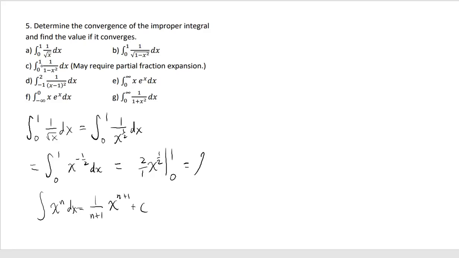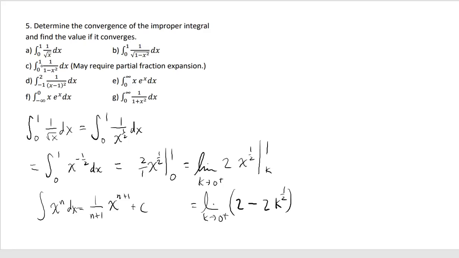So you should really think of this as the limit of k going to 0 plus of 2 times x to the 1/2, from k to 1. And that means when you plug in 1, it's 2 times 1. And when you plug in k, it's 2 times k to the 1/2 power, where k is sent to 0 plus. That's the proper way to do it.